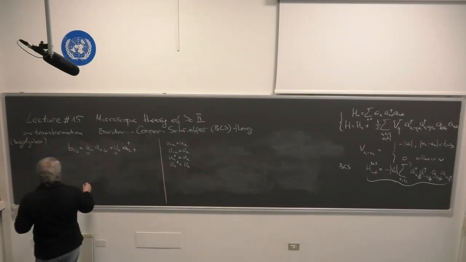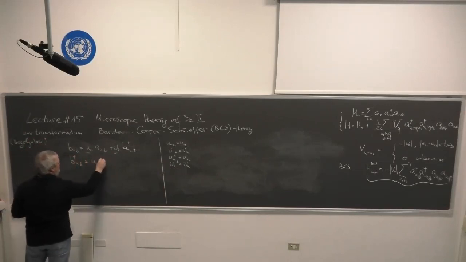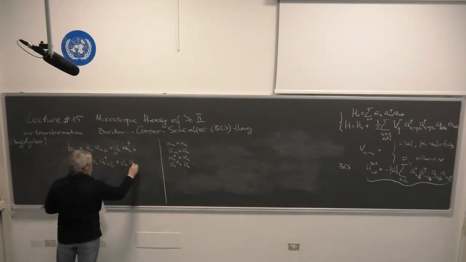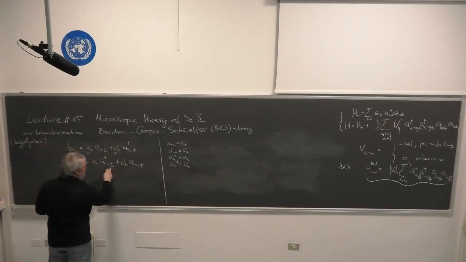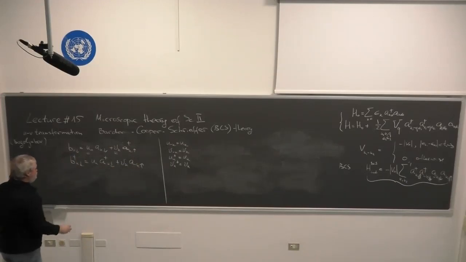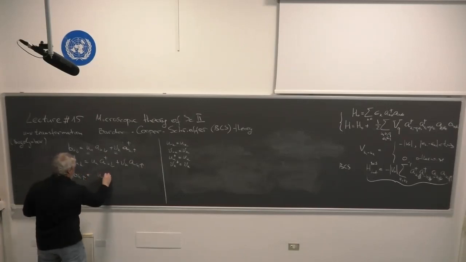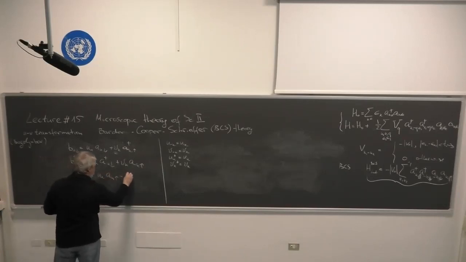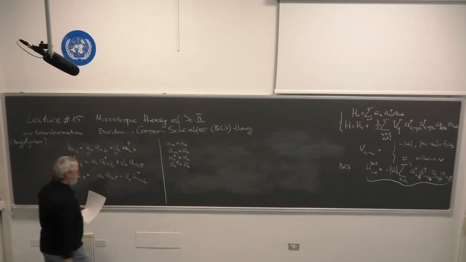Therefore, now I can conjugate: b dagger k down is equal to u k a dagger k down plus v k a minus k up. Again, I'm mixing states with k and minus k and up and down. Then b k up is equal to u k a k up minus v k a minus k dagger down.